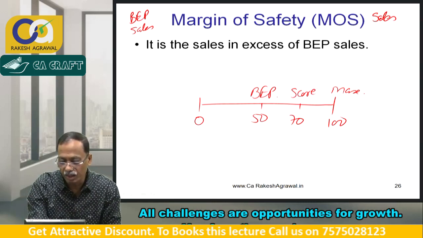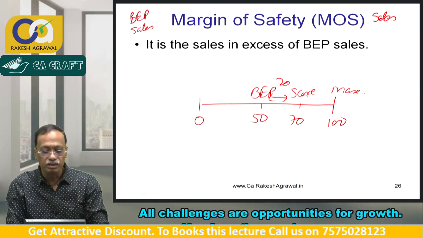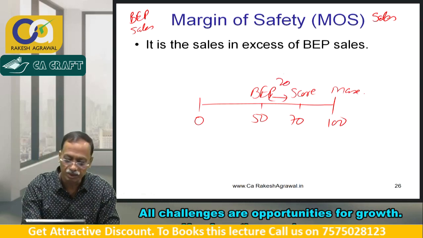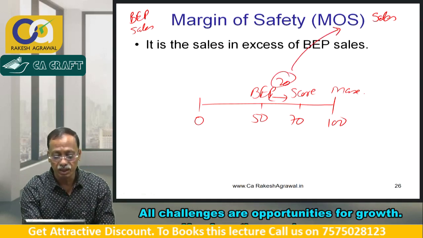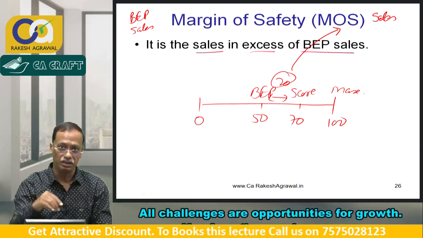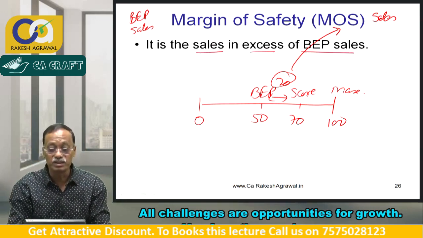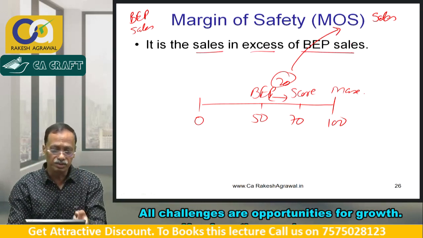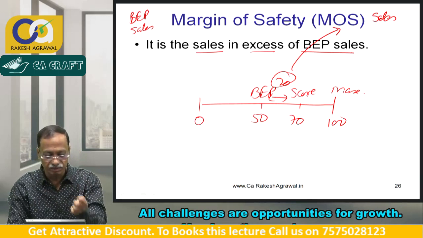This extra above BEP is 20 marks. This 20 marks which you have scored above BEP is your margin of safety. So this 20 is your margin of safety. Similarly, in a business organization, whatever sales we have generated in excess of BEP sales, that extra sales is your margin of safety sales. Margin of safety is always margin of safety sales, like BEP sales.